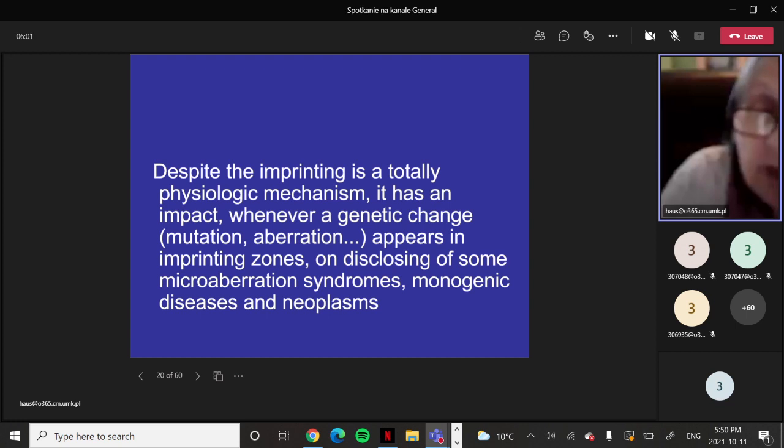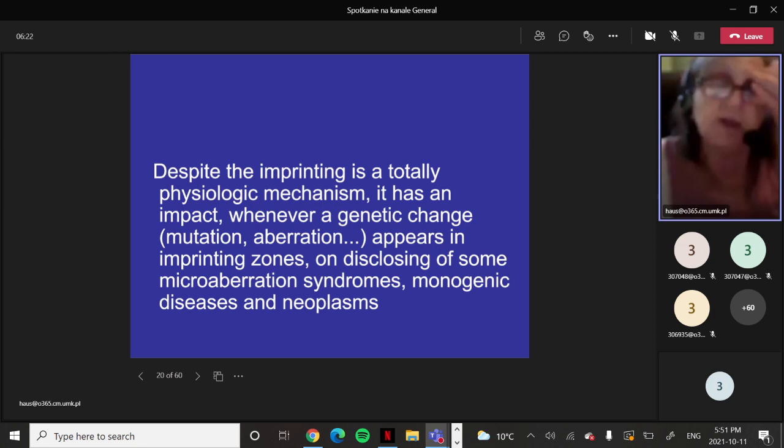The imprinting is a totally physiological mechanism, but it has an impact on disclosing, on revealing some microaberration syndromes, monogenic diseases, and neoplasm.